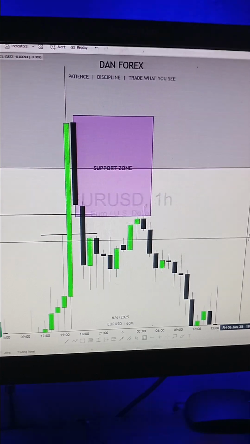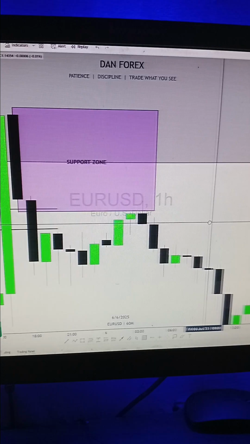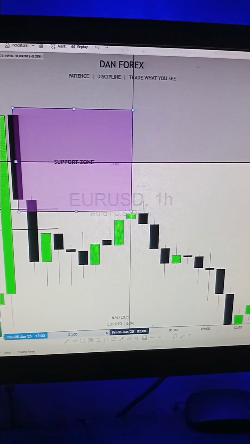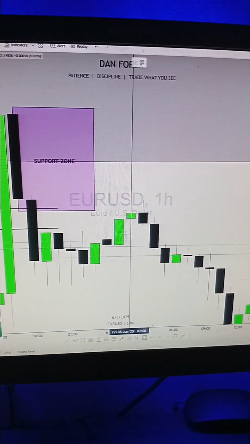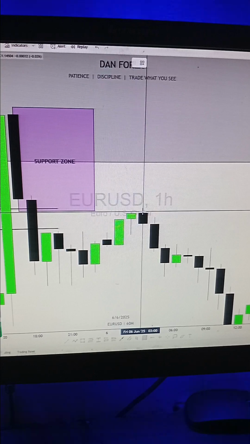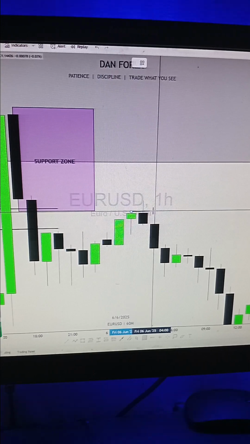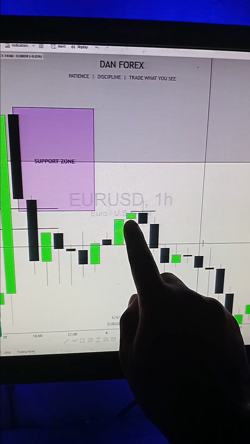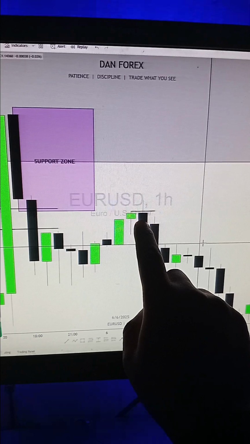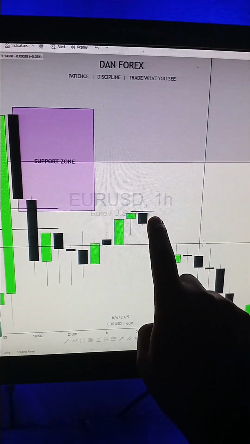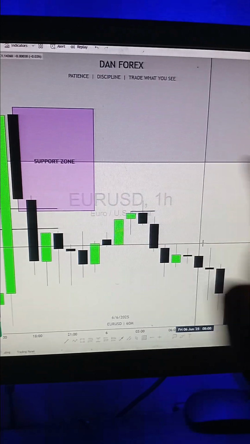Confirmation. Confirmation number 1 is this. We needed a rejection. We needed the market to show us rejection. So the high of this candle was swept by this candle. So on the third candle, we are supposed to be looking for a sell from there.